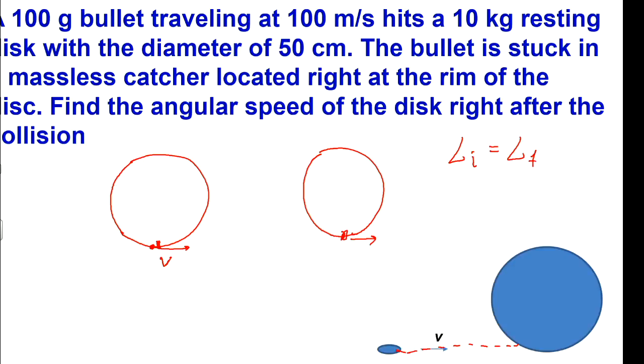We should be using angular variables, because the law says I1 omega 1 initial plus I2 omega 2 initial should be equal to I1 omega 1 final plus I2 omega 2 final in general. So what is I1?